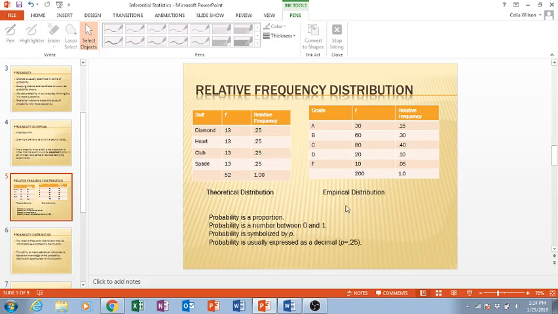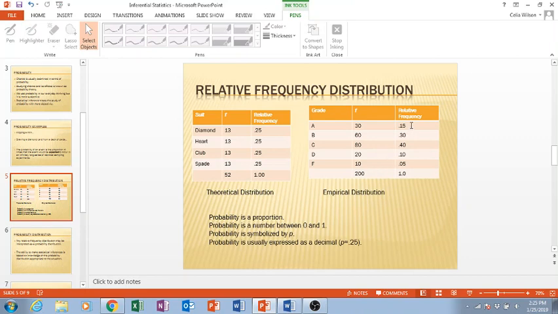When we have a distribution of some actual data, we call those empirical distributions. Now, we can still calculate the relative frequency, and we can still talk about probability, but now we're basing it on actual data, not what we would expect to happen. So this is a distribution of a rather large class of students, 200 students.